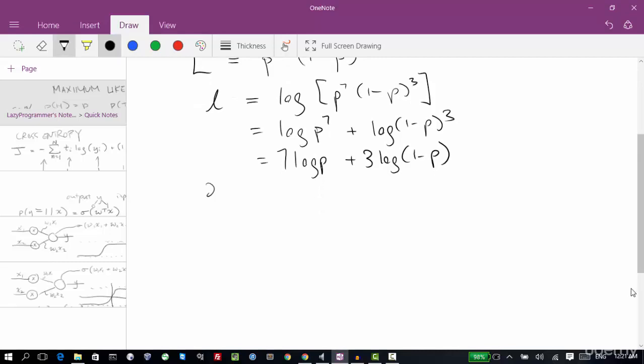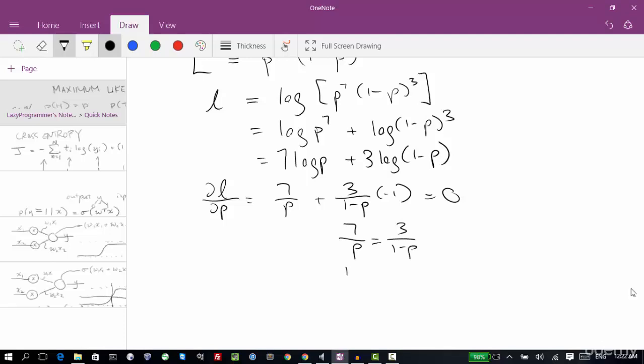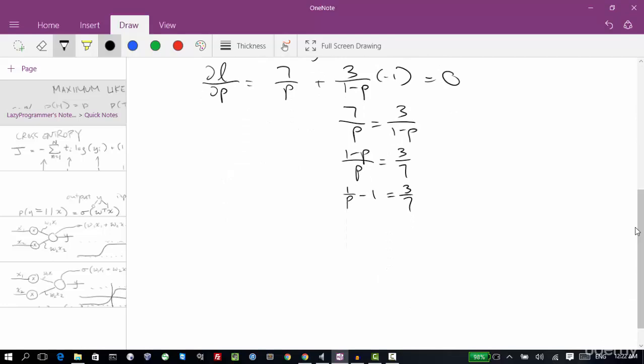Here we set the derivative equal to 0, and we solve for P. So we get P is equal to 7 over 10, which is the probability of heads, which is what we expect.